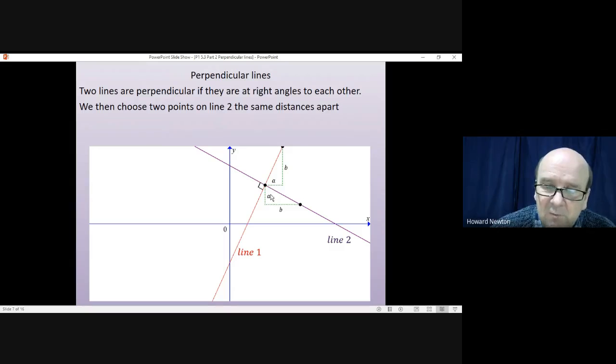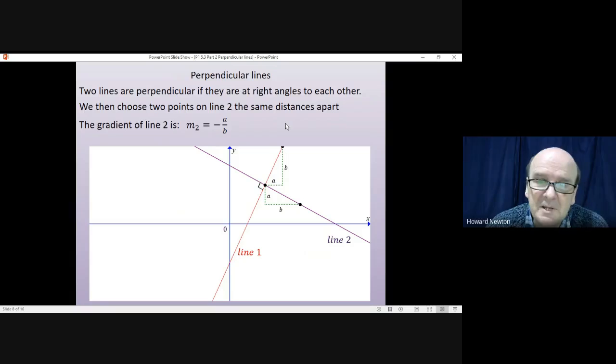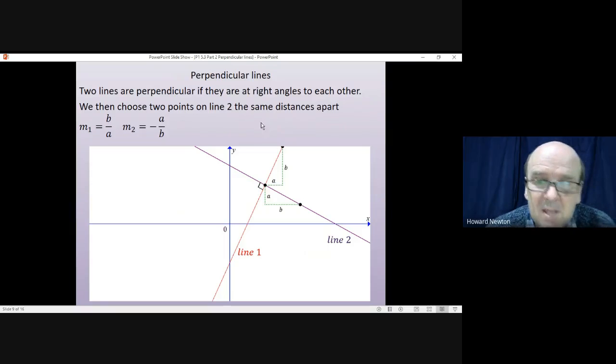So this triangle for working out the gradient of line 2 is congruent to this triangle for working out the gradient of line 1, where the vertical distance will now be A and the horizontal distance will now be B. Working out the gradient of line 2, the vertical distance, as we said, is A, but you are going down, so it'll be minus A divided by B. So the gradient of line 2 would be M2 equals minus A divided by B. So those are the two gradients of the perpendicular lines. One of them is B over A, the other is minus A over B.